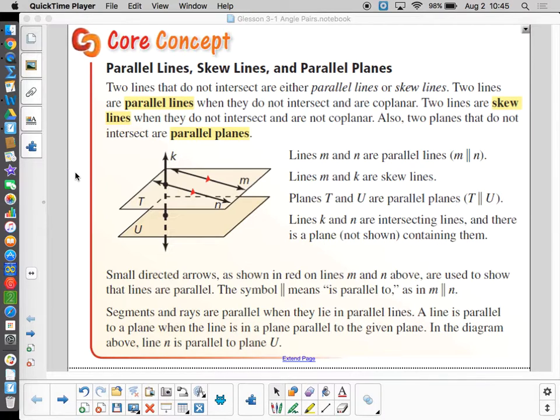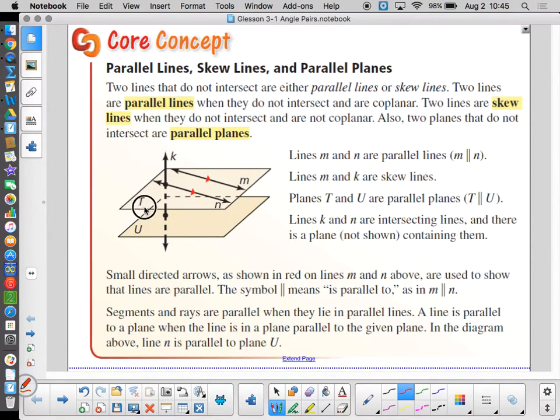Now, here in the diagram that we have in plane T, we see we have some parallel lines, line M and line N. And now I want you to note in the diagram right away that we have symbols that we're going to use here to indicate the parallelism, these little red triangles on the line. Those triangles are indicating that those lines are parallel.